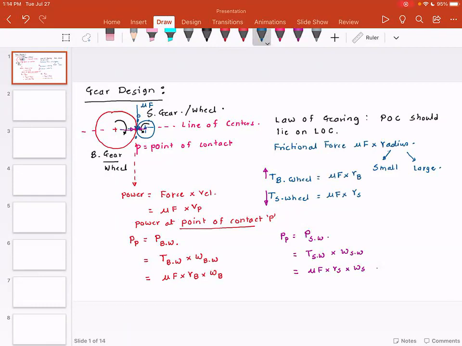Now, if you were to look at this equation and this equation, since the left-hand side is the same, the right-hand side is also the same.